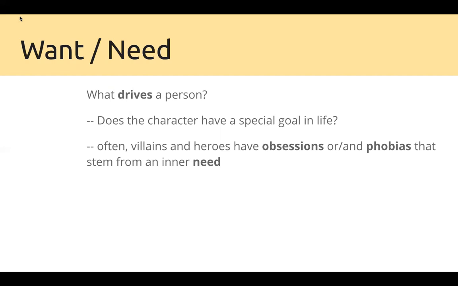For instance, in the Pixar summer movie, Luca, there was a nice want and need.